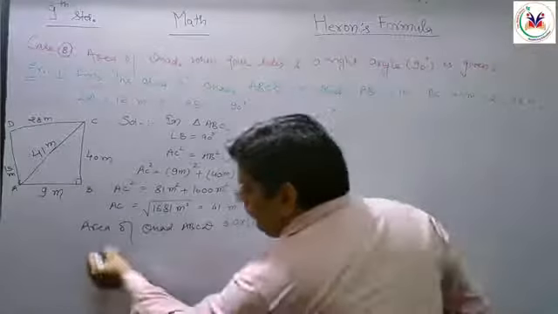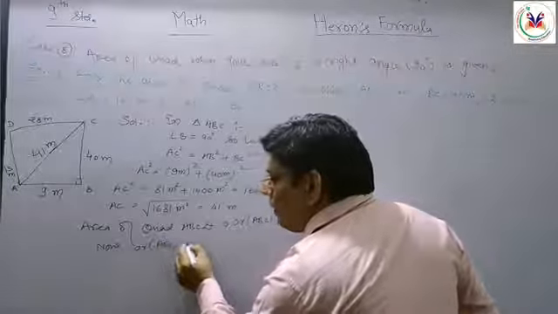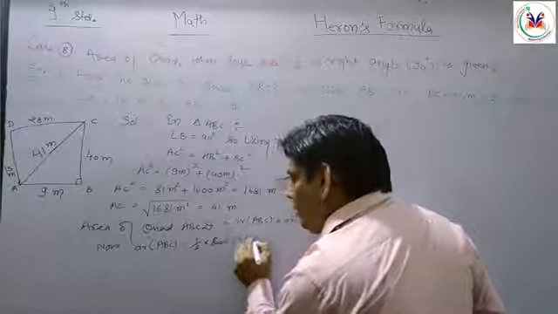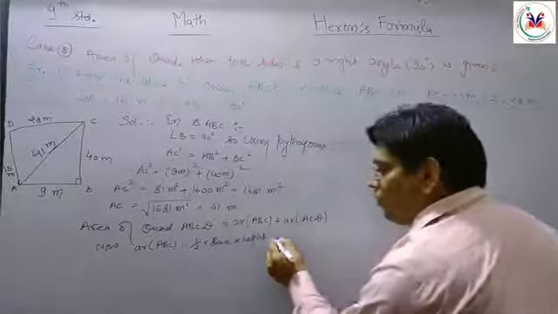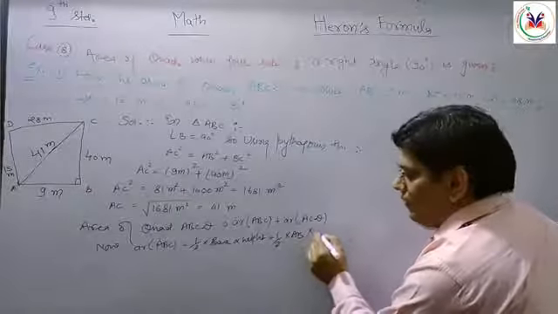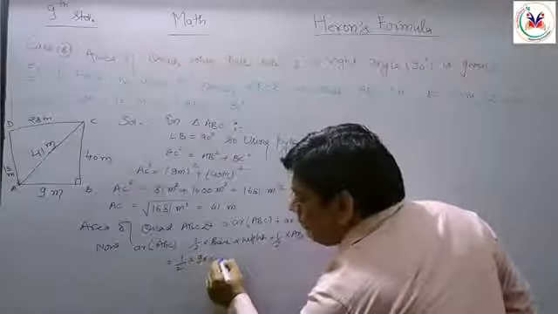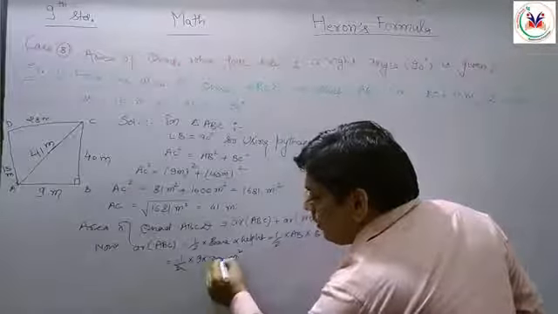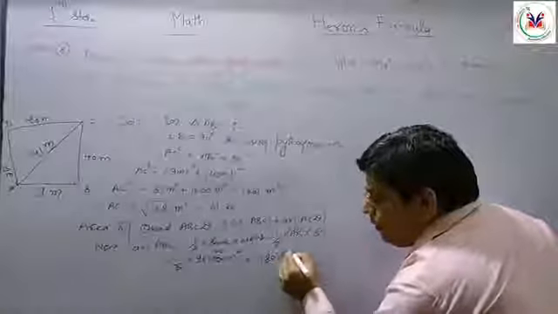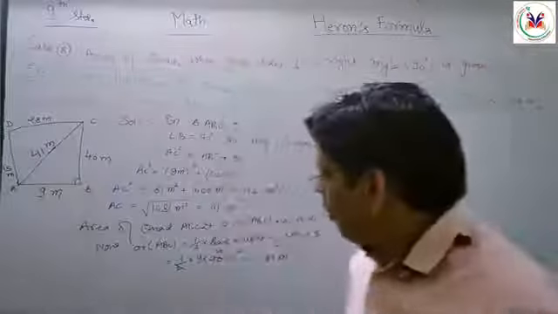Now, area of ABC, half into base into height. So half, base is AB and height is BC. So half into 9 into 40 meter square, that will be 20 into 9, you can get 180 meter square. Am I right? Now the half part has been solved.